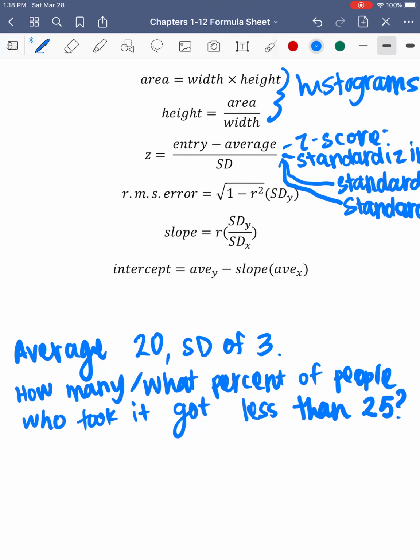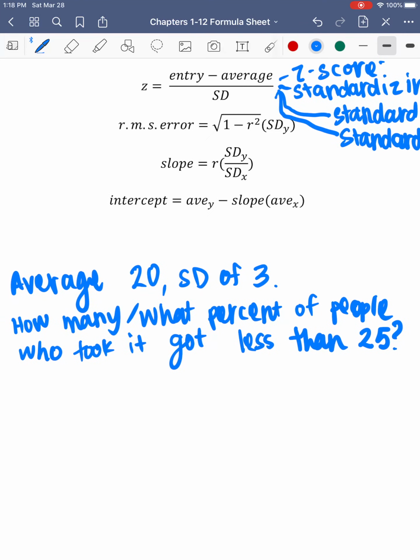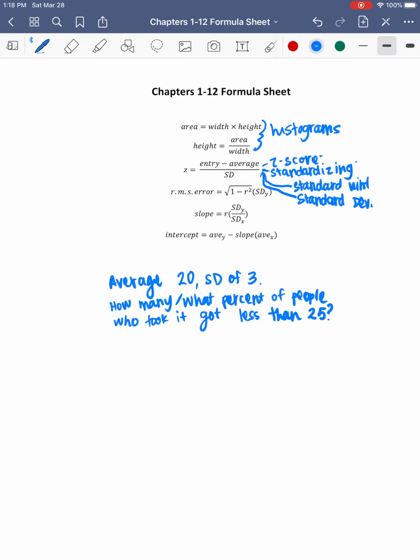So when you're given a question like that, you're going to have to use Z-score, but we have 3 steps we have to do to get to that.